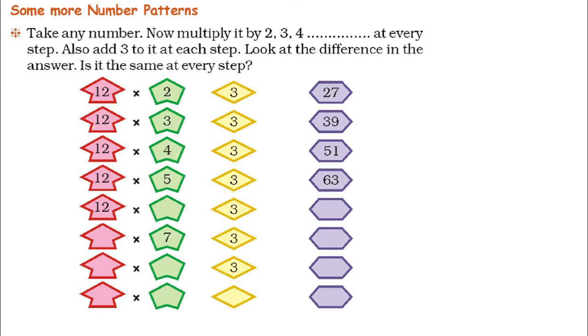Take a number now. Now multiply by 2, 3 and 4 at every step and also add 3 at each step. Look at the difference in the answer. Let us take 12. So every time we will take 12.